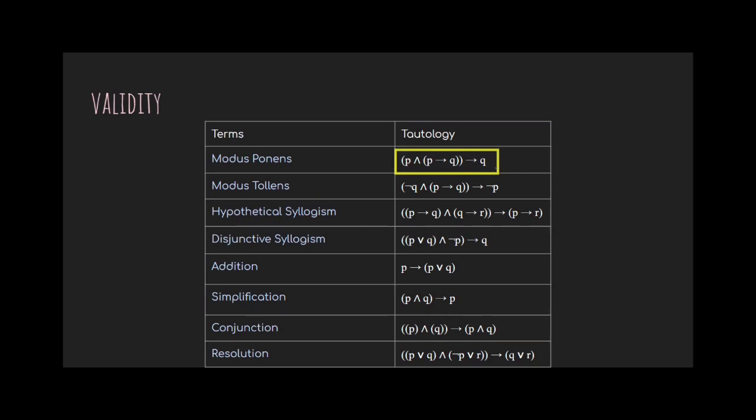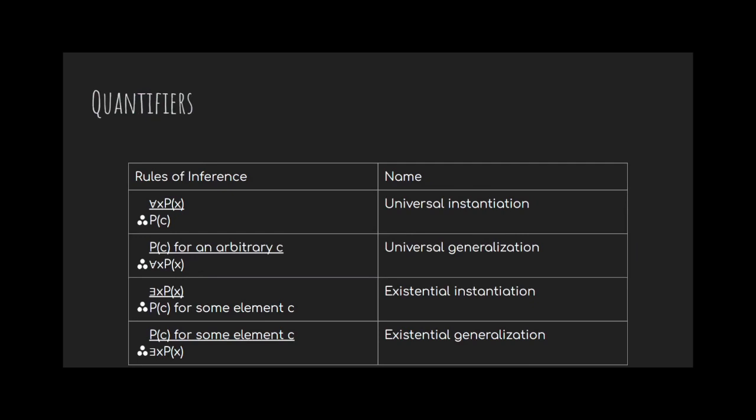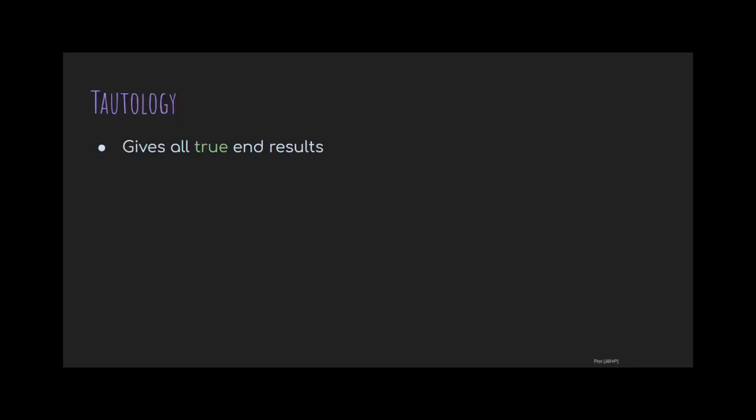Let's prove that this is a tautology by making a truth table in the tautology slide. So let's go back, and I'm going to write it down on the top first. I'm going to write P and P implies Q implies Q. This is what we're looking at.